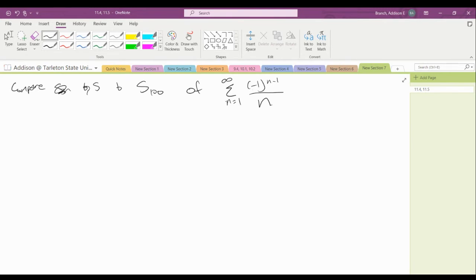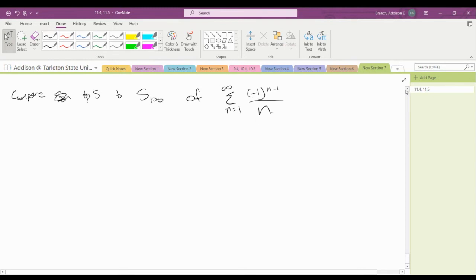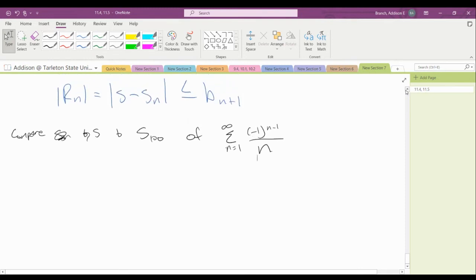All right, so if we scroll back up, we know that the absolute value of our remainder has to be less than our b sub n, in this case b sub 101.